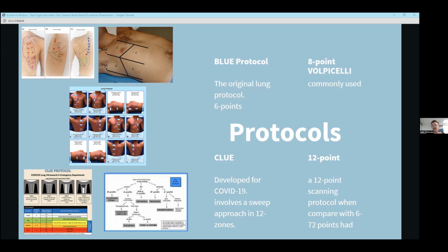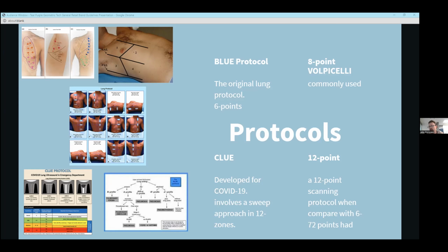You're sweeping to look for pathology, and then if you find something, you then take a clip of it. And it's got a scoring system for the severity of COVID-19. I think it's probably a little bit more time consuming than some of the other protocols, but provides a really thorough look across the whole chest, which is quite an interesting one.